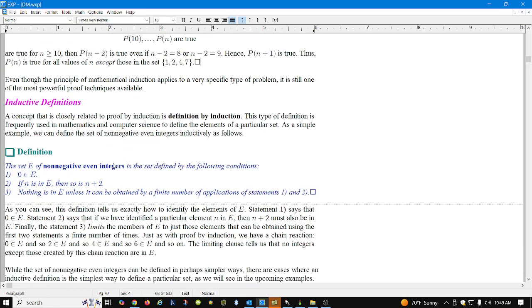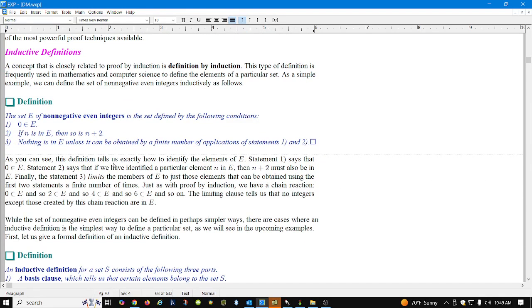Related to proof by induction is something called definition by induction. This is useful somewhat in mathematics, but a lot in computer science. So let's take first a simple example, and that is how we would define the set of non-negative even integers inductively.